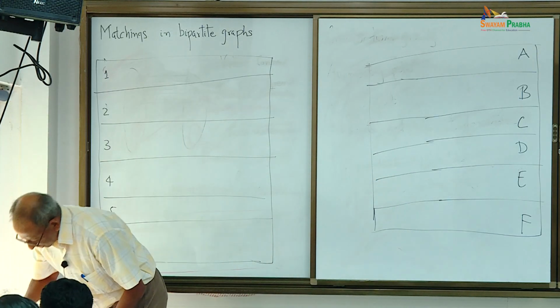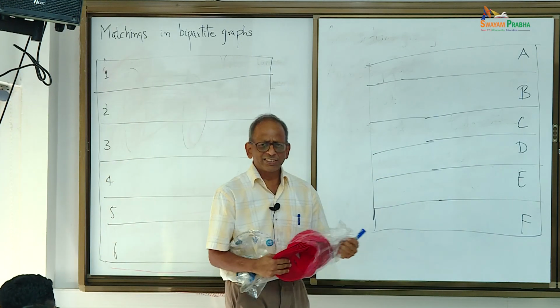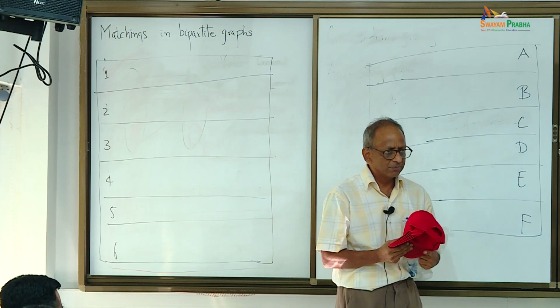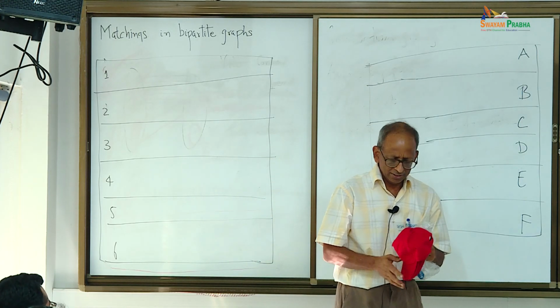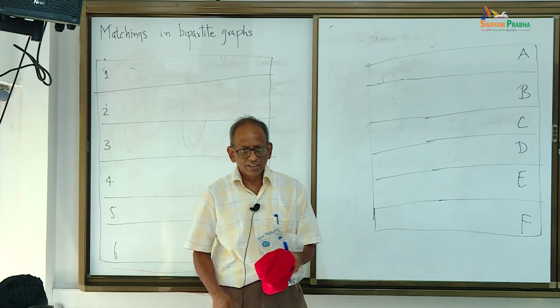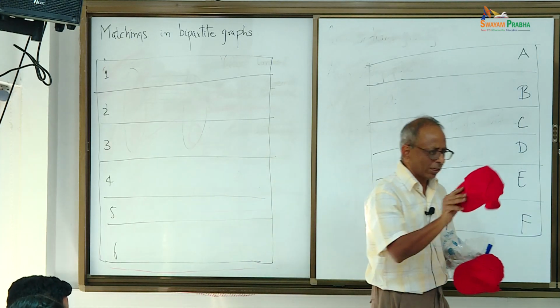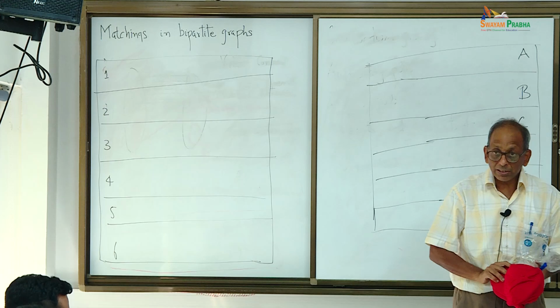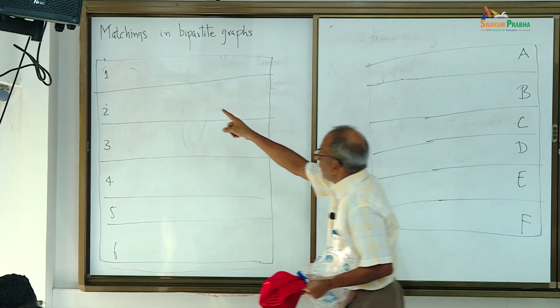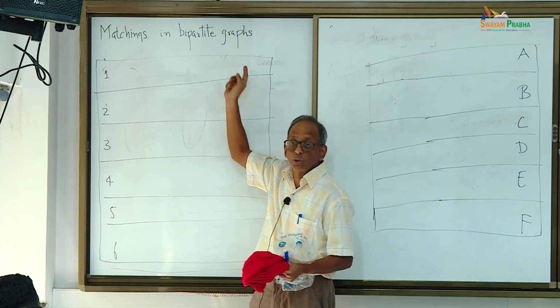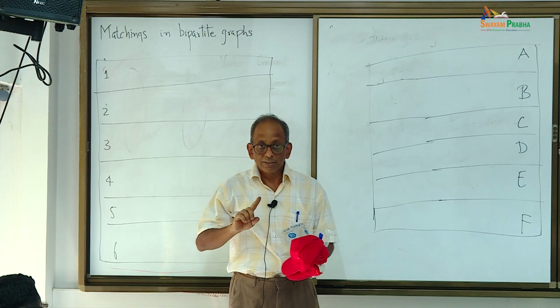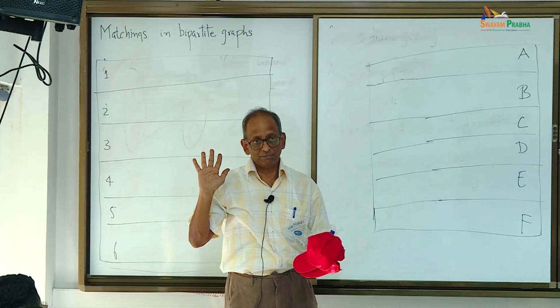I have got these hats of 6 colors. There are 6 different colors, and I'll give each of you 1 hat. But I want that in every group, everybody should receive a different color.